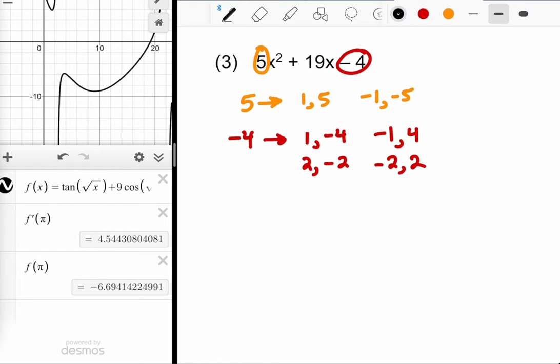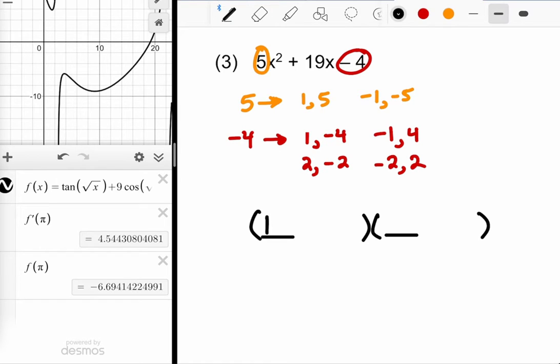All right. So I would start off with the most obvious pairing for the first two terms. If I'm going to get to a 5x squared, it could be the 1x and the 5x, or it could be the negative 1x and the negative 5x. The more likely possibility is that it's 1 and 5, or 5 and 1 if you want.